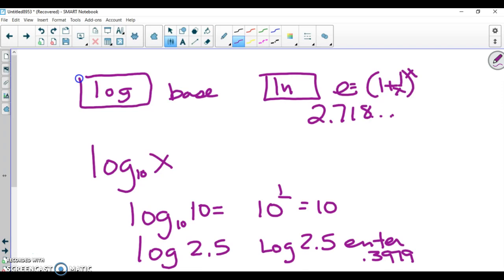Now let's think about that. With that answer, we're saying 10 to what power is 2.5? Well, 10 to the 1 is 10. 10 to the 1/2 is the square root of 10. So 10 to the roughly 4/10 or 2/5 would make sense that we get a value far less than the base that we started with.